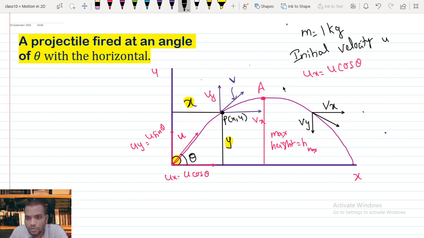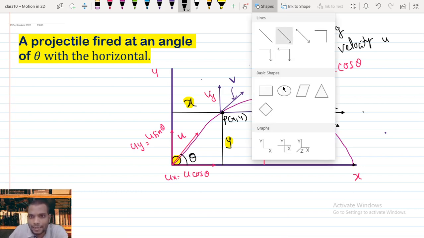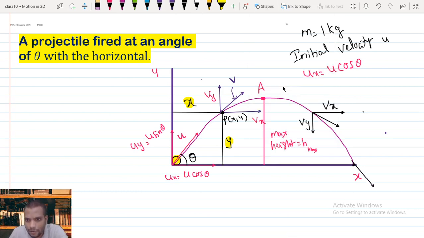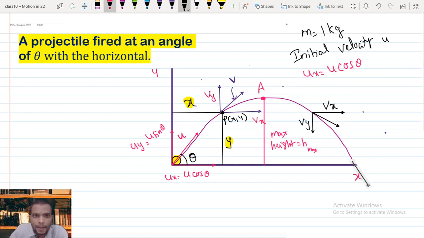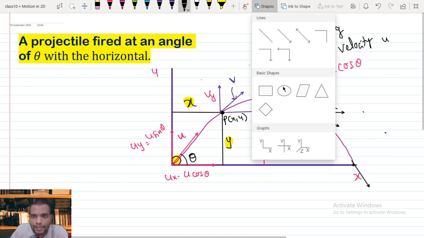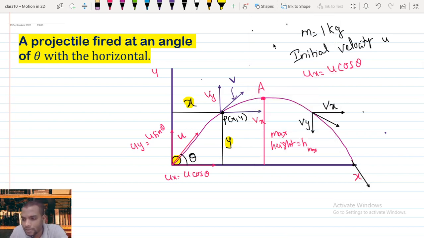And when it comes to the end, that is very important for us. The velocity also has the same components, and this is the resultant velocity. At the end, things become the same as at the start.